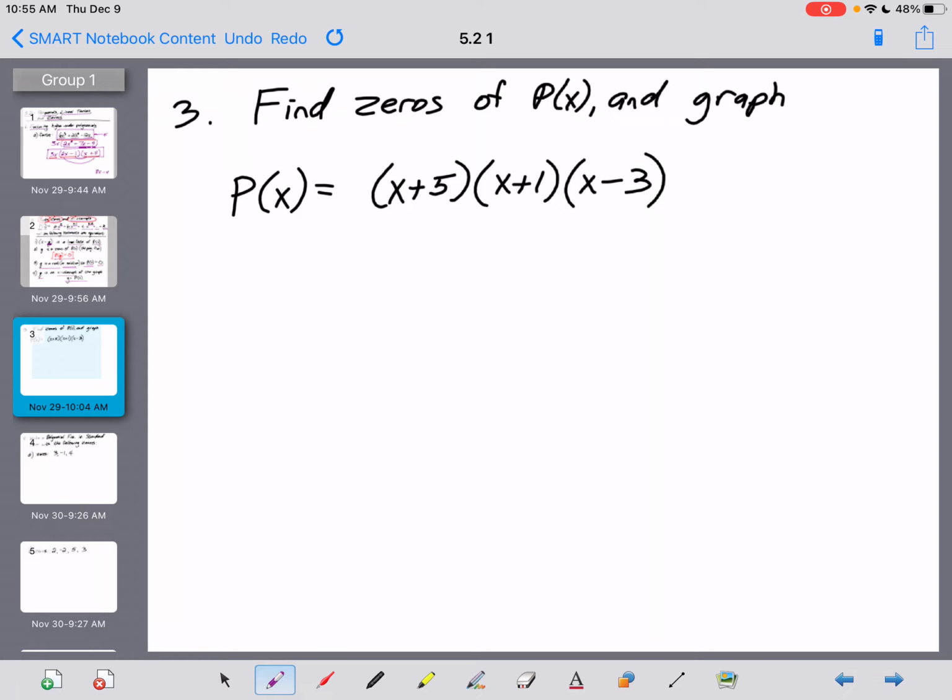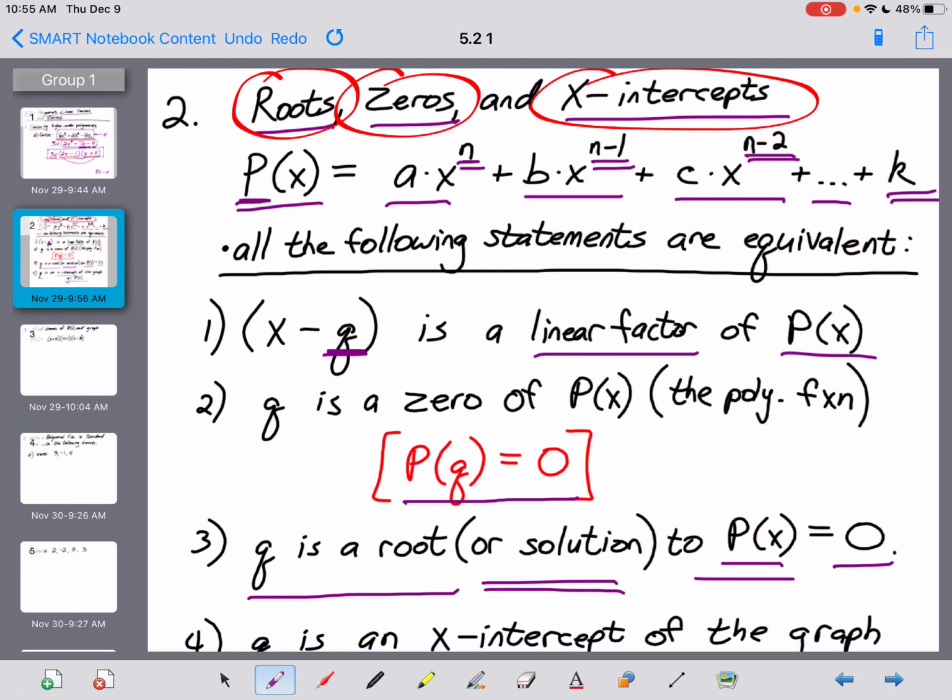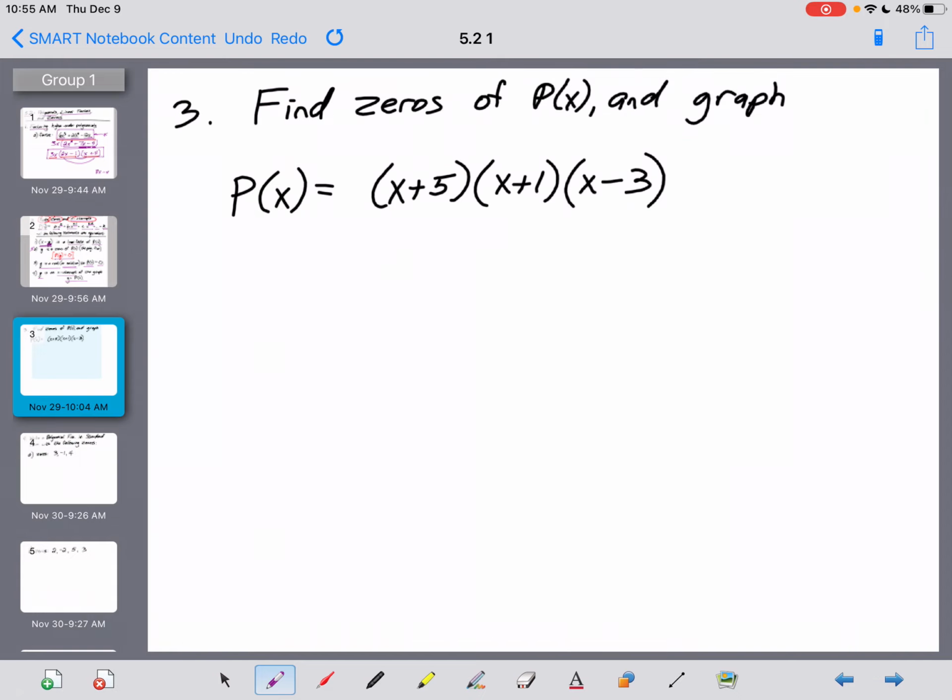This problem asks us to find the zeros of p of x and then graph this thing. Well, if we went back and looked here, guys, zeros, which it talks about right here in line 2, q is a 0 of p of x if x minus q is a linear factor of p of x. So as we look at this example right here, p of x is given to us, and it's already given to us, you guys, in factored form.